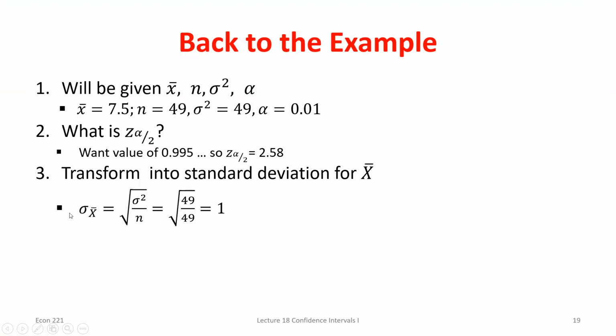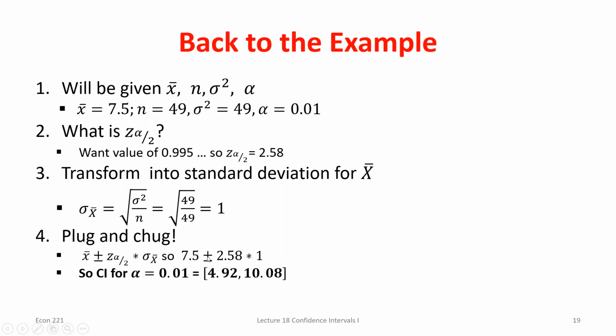We calculate that standard deviation of our sample means by plugging in our population variance and our sample size, and then we plug this value, the z value, and the sample mean into our confidence interval equation, add to get the upper bound, subtract this margin of error to get the lower bound, and we get at the 99% level, we would have to say that with 99% confidence, the true population mean for this weight of the hockey puck is in between 4.9 and 10.1 about, right?